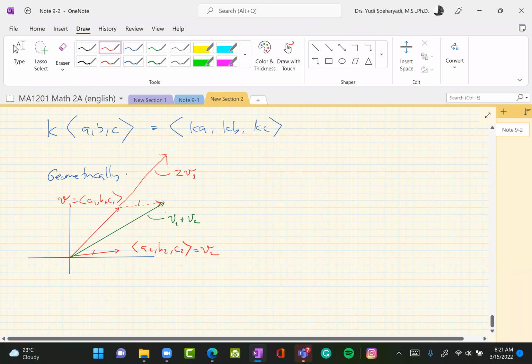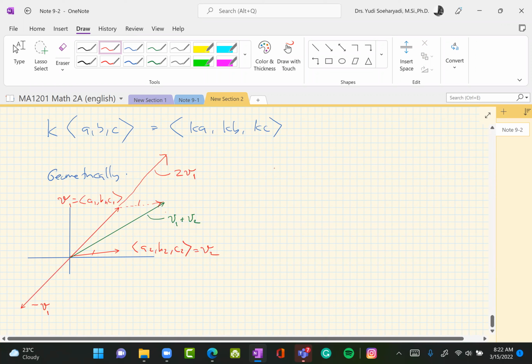So just extend the vector. This is negative. This is negative V1. So the opposite direction is negative V1.